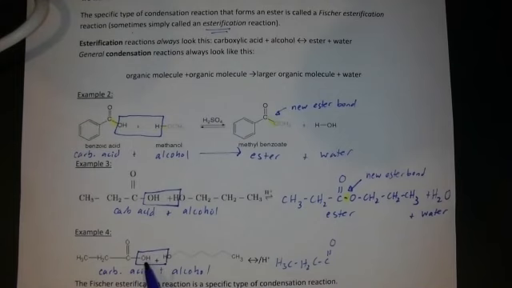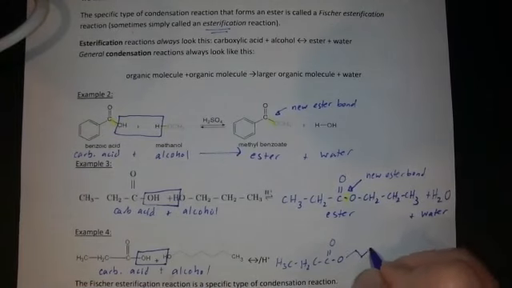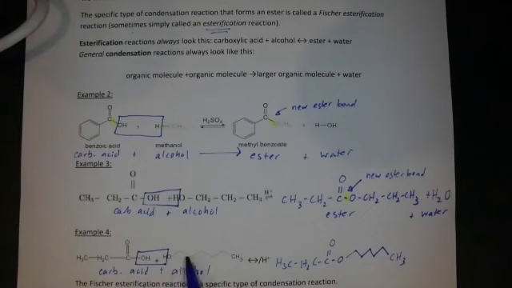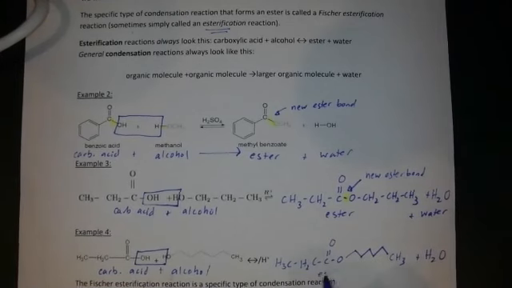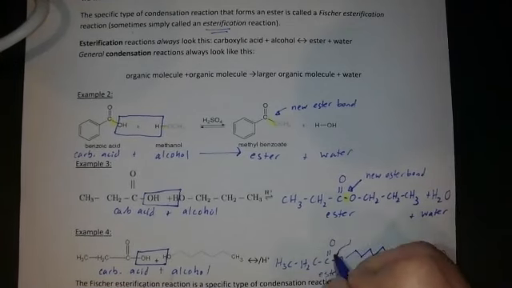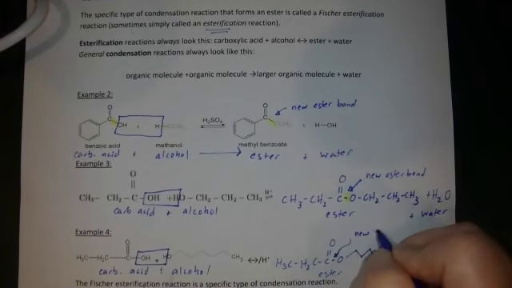O is gone, H is gone, H is gone. So this carbon double bond O will be bonded to this O, and then nothing else on the other side of the box changes either. So the first product is this, the second product is water, and this, of course, is an ester. Right there is the new ester bond.